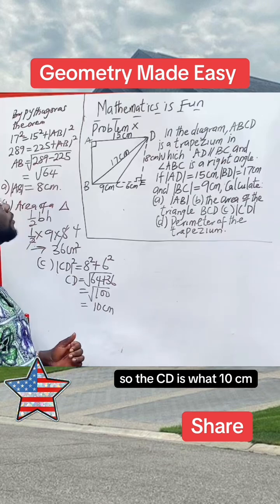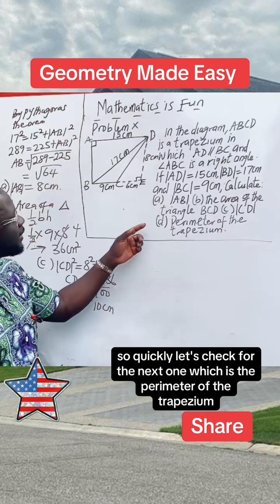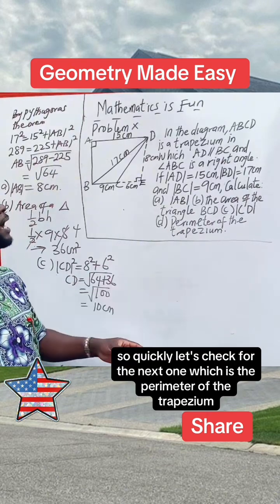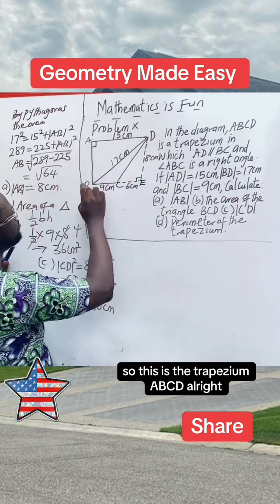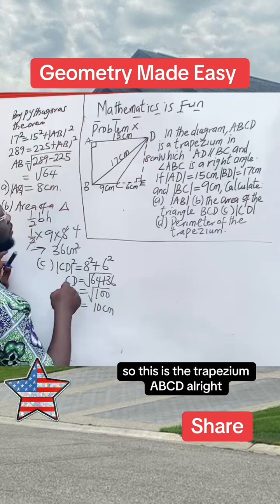So quickly, let's check for the next one, which is the perimeter of the trapezium. So this is the trapezium A, B, C, D. All right.